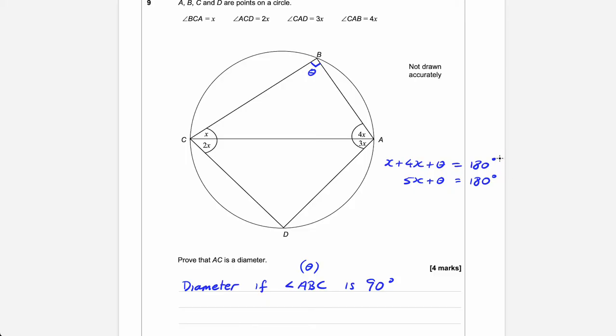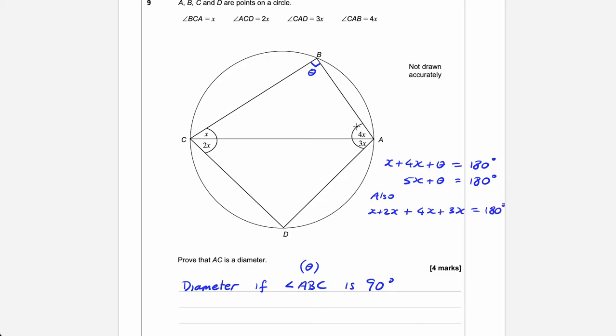Okay, we also know opposite angles in a cyclic quadrilateral add up to 180. So also, let's write also, x plus 2x plus 4x plus 3x equals 180.